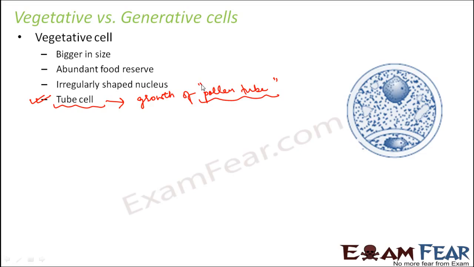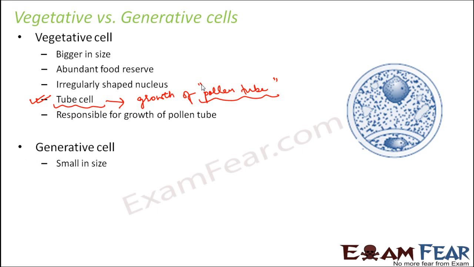So this being important, one cell has to take care of the formation of the pollen tube and the other cell has to take care of the formation of male gametes, and that is what the other cell does. That is the generative cell. Let us look at the generative cell. It is smaller in size when compared to the vegetative cell. It has a fixed shape and it is spindle shaped, as you can see here, this is how the shape of a spindle looks.